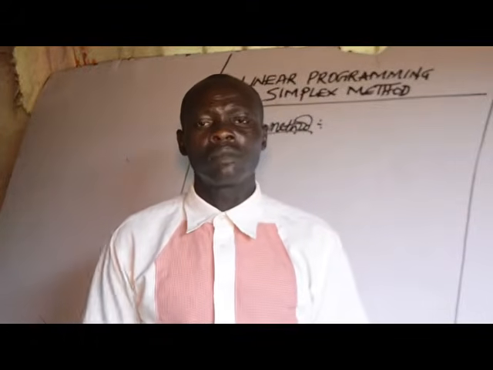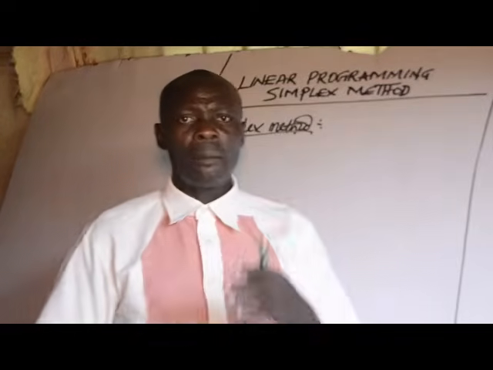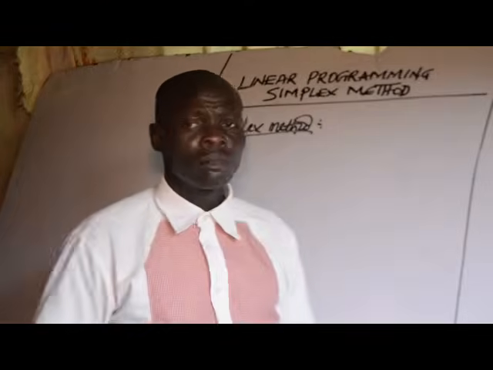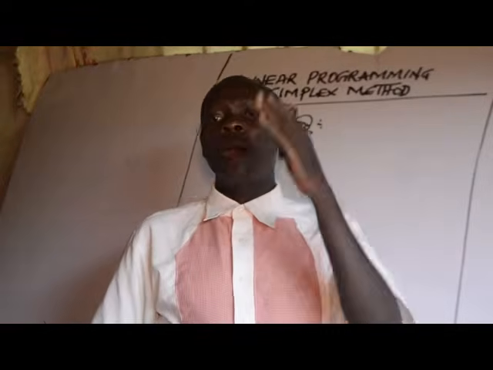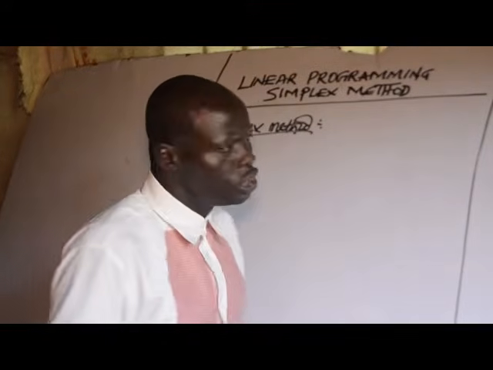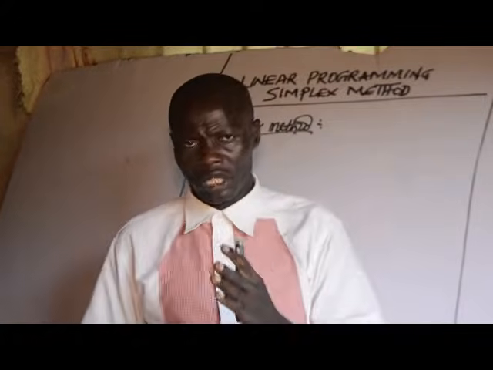The Simplex method is a step-by-step approach used to solve linear programming in which one graduates from one feasible solution to another better feasible solution until the optimal solution is reached.